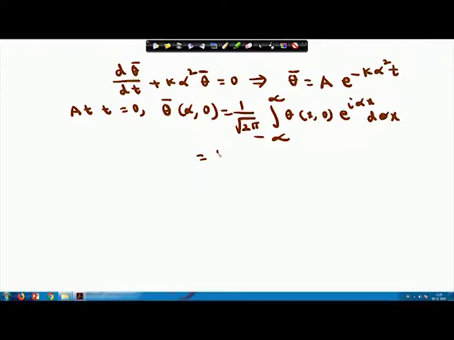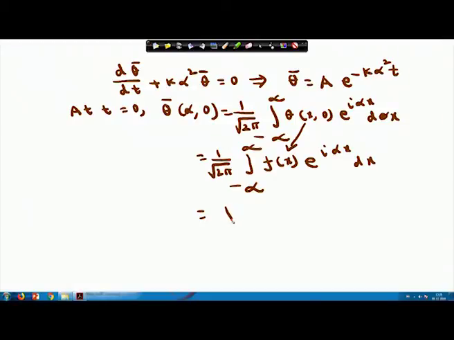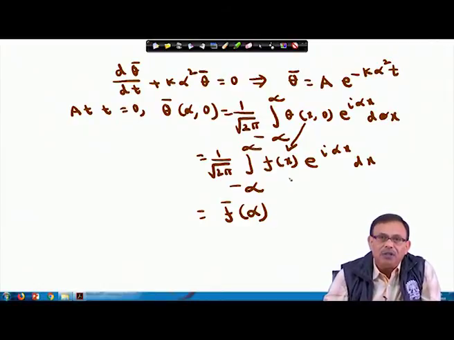So, this equals 1 by root 2 pi, integral from minus infinity to infinity, theta x 0, which has been given as f x. So, f x into e power i alpha x dx. And if you see this, we can call it f bar alpha, where f bar alpha is nothing but the Fourier transform of the function f x.